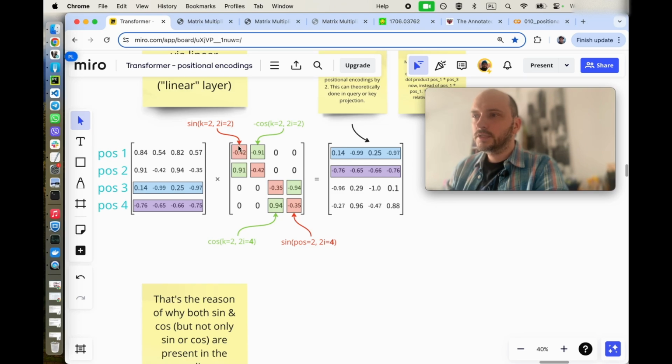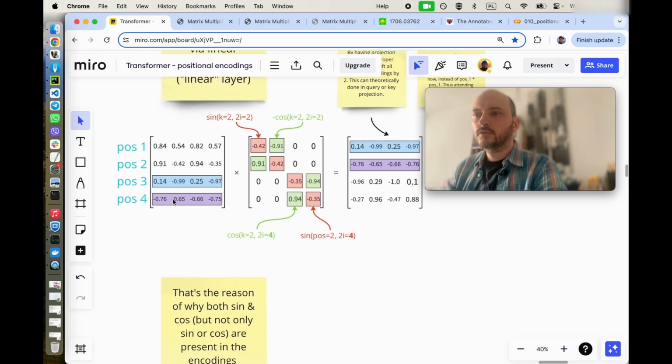So if we multiply this matrix by this, we'll have this. And as you see, the values actually match. For the first position, we will get a vector which looks exactly the same as pos 3, so shifted by 2. And for the second, it will be shifted to pos number 4.